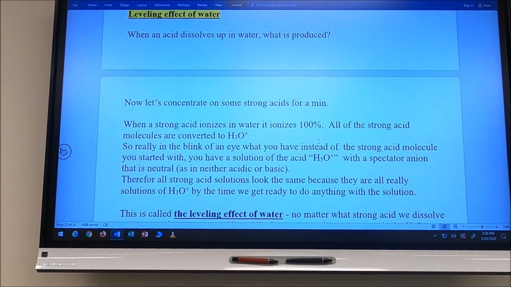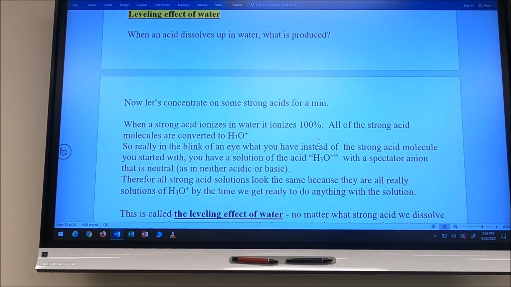Whenever I dissolve an acid up in water, okay, it reacts to produce hydronium ions. When I dissolve a base up in water, we're going to get hydroxide ions. If I dissolve HCl up in water, which is what we call a strong acid, it 100% ionizes in water to hydronium ions. And then I have a hydronium ion solution.